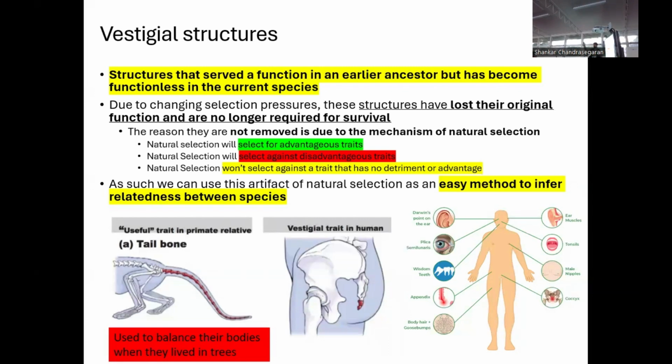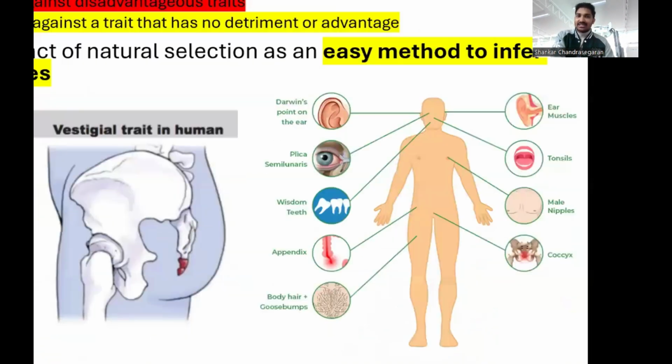Meaning we can form a link saying that we are probably descendants of early primates that have evolved into what we are today, right?